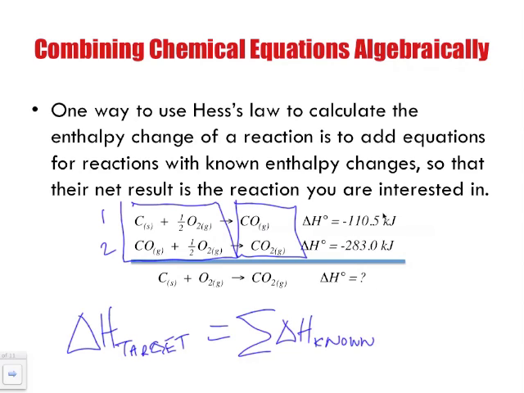So we take this value and add it to this value, to give us the value we got just moments ago when we added these two equations: minus 393.5 kilojoules. So that is the change in enthalpy for this target equation.